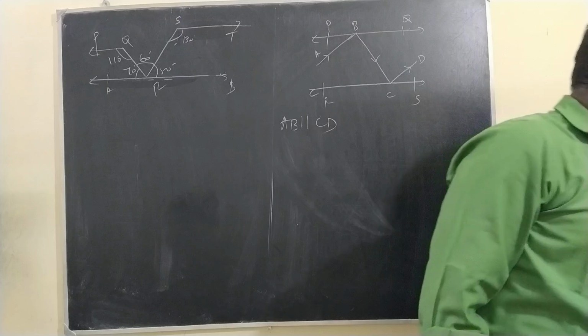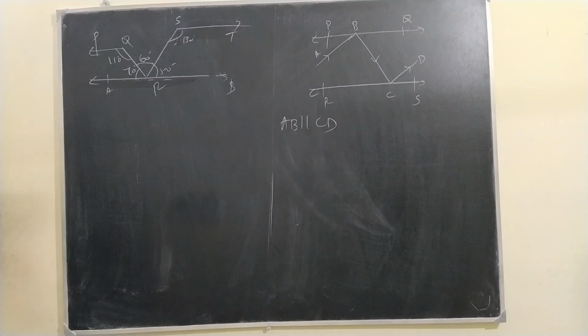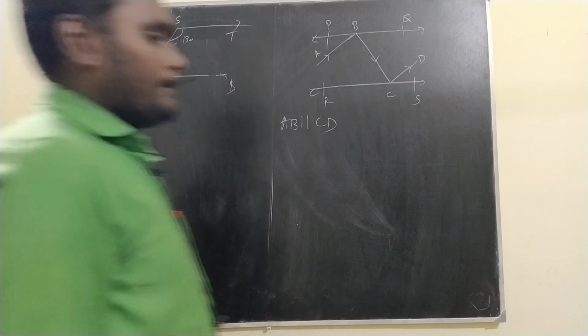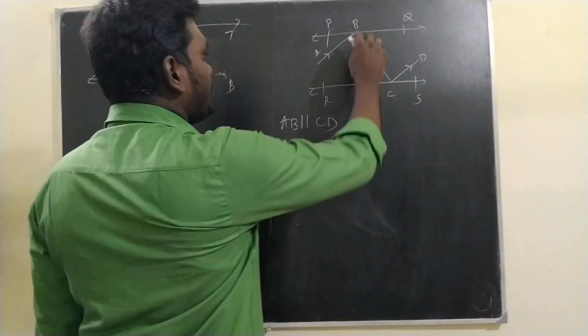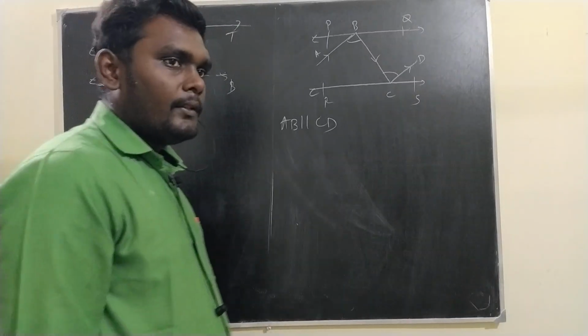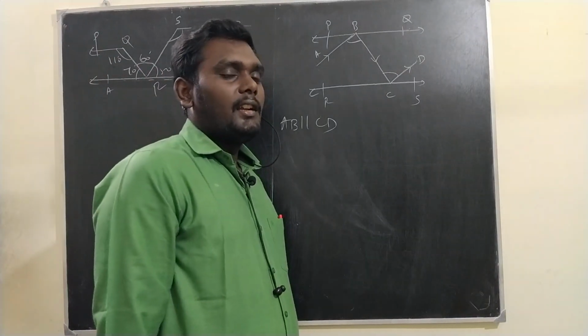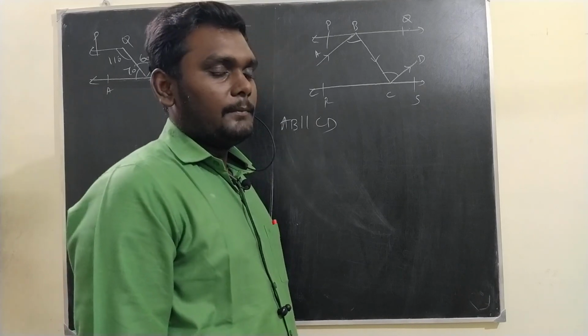How will you prove AB is parallel to CD? To prove AB is parallel to CD, we should prove these two alternate interior angles are equal. Then we can say that it is parallel. But we can't prove this directly.